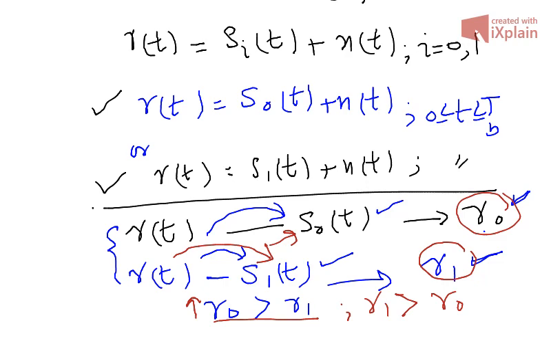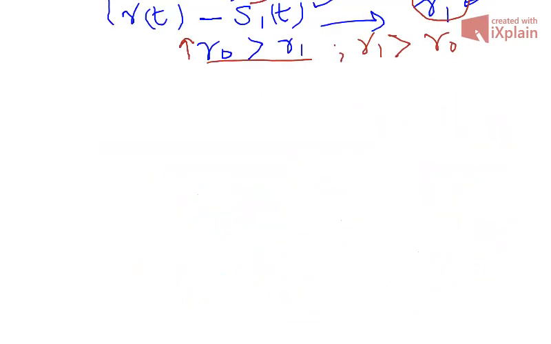Now let me draw the circuit diagram for our correlator demodulator, how it would look like.